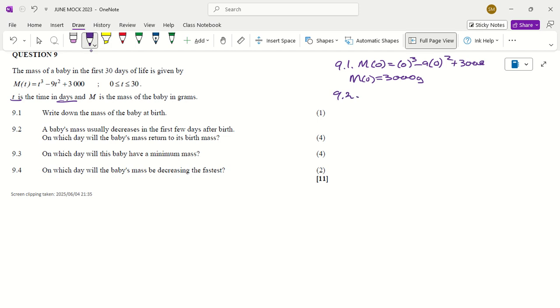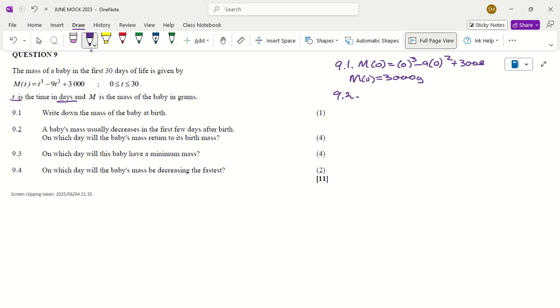9.2 says that a baby's mass usually decreases in the first few days after birth. On which day will the mass of the baby return to its birth mass?